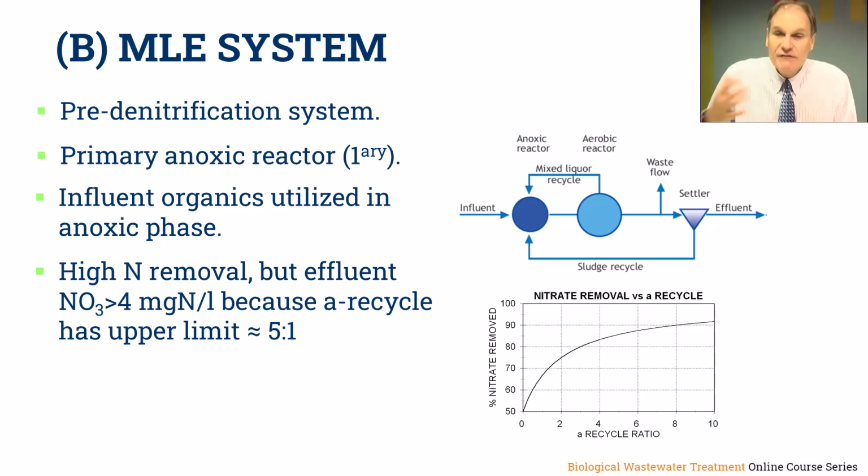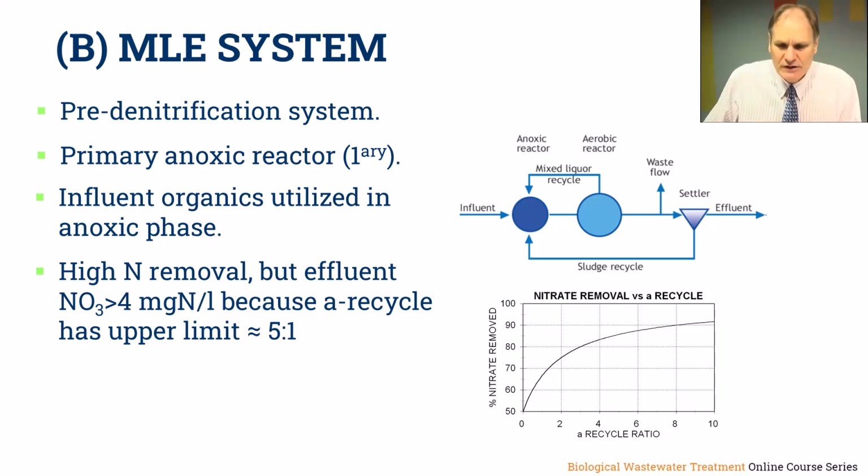However, the nitrate is only generated in the aerobic reactor, which comes after the denitrification reactor. So in order to introduce nitrate and mix it with the biodegradable organics of the influent, we have to have these recycles which introduce nitrate into the anoxic reactor.